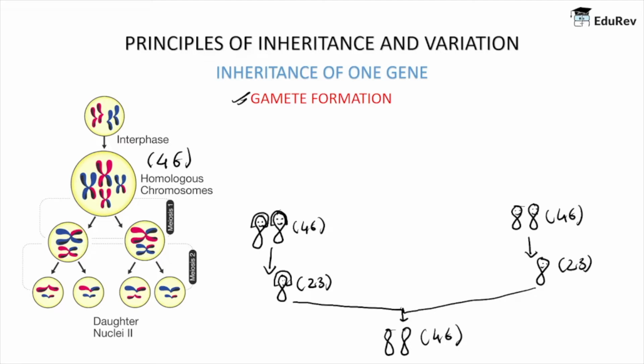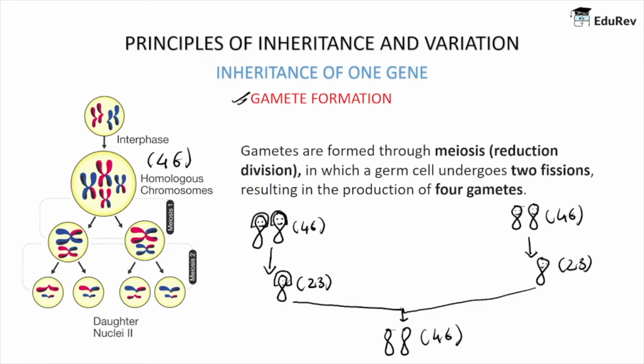Now with this we know that gametes are formed from reductional division. In this image also you see that the original chromosome number is getting reduced to form finally 4 gametes, and all 4 gametes now have 23 chromosomes each.